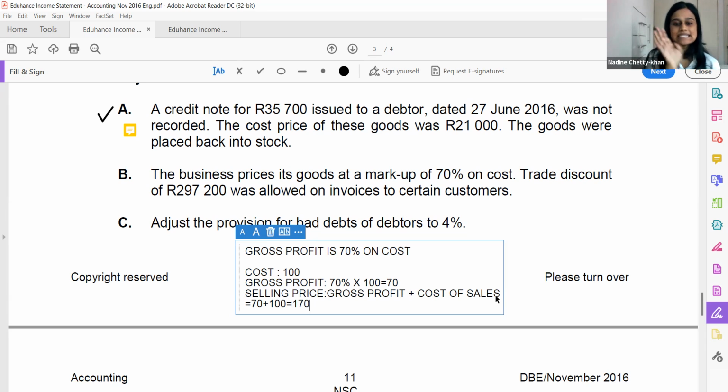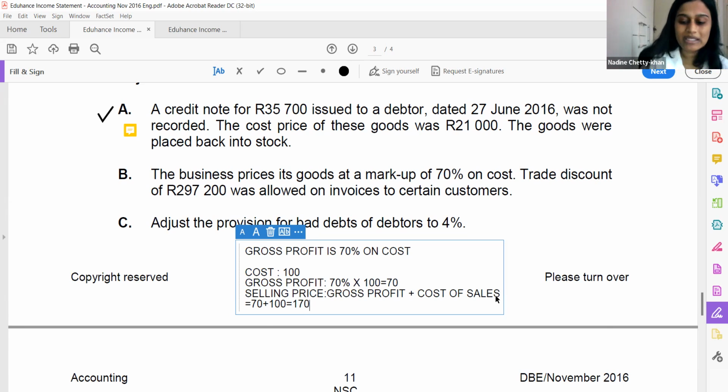Okay. Now, why did I use this random example? I'm going to tell you to do this when you're given a ratio. Always take a sort of what-if scenario in your mind to make more sense of what the ratio means. If cost is 100, and I just took a random number, I like to work with 100 or 10 because it's a round number and it's easy to get other numbers from it.